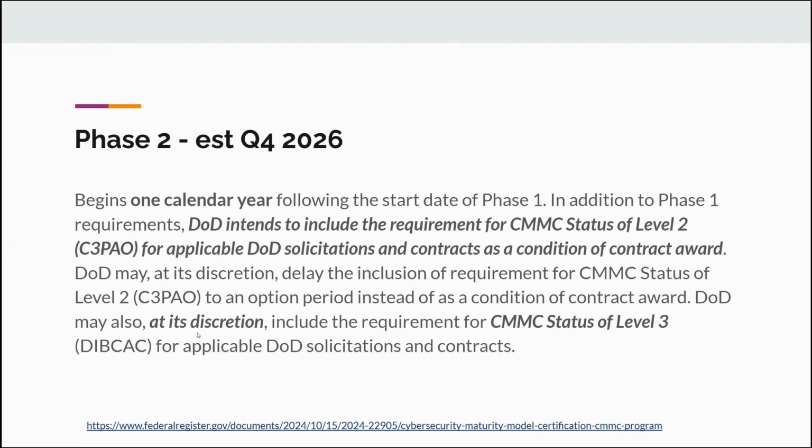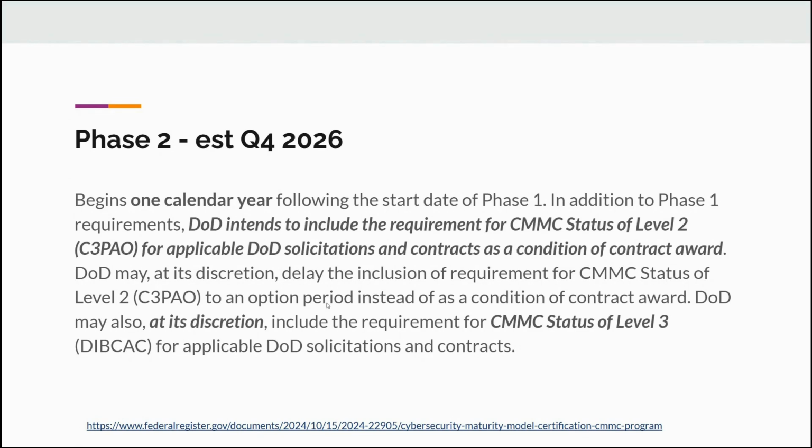You must have a C3PAO cert in hand, and then they will start to layer in at their discretion level 3 requirements for the applicable contracts that they target. And if the rollout's being more sluggish, they could say, you know what, instead of contract award, we're going to do an option period. So you'll have additional time to get a cert after award. But I wouldn't count on that release valve.